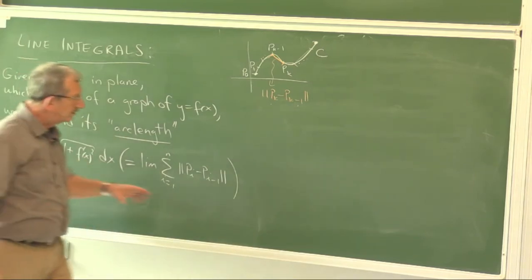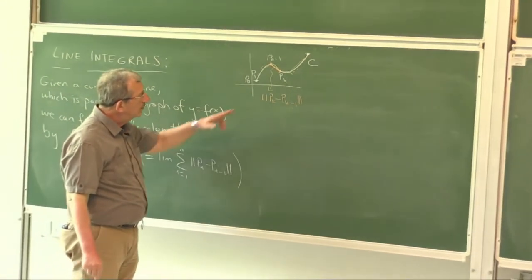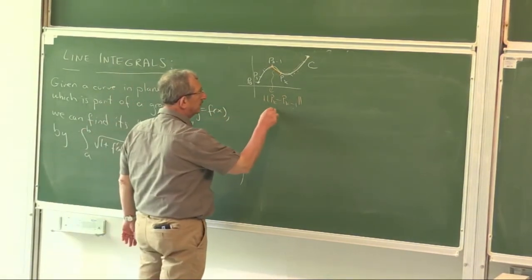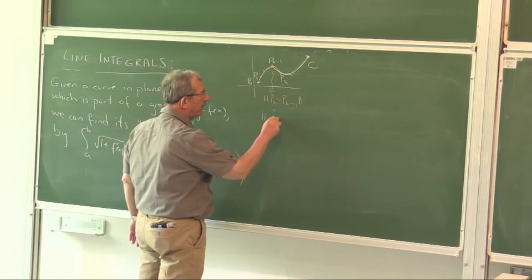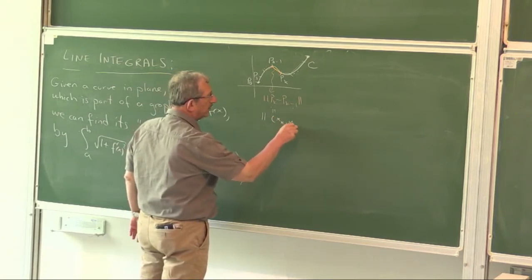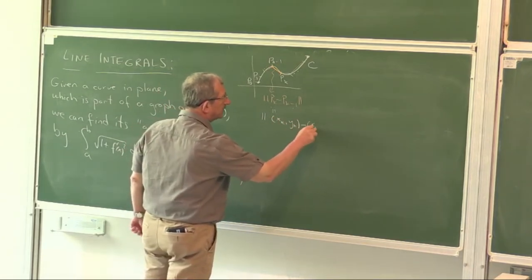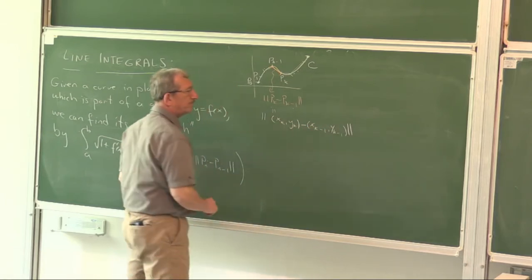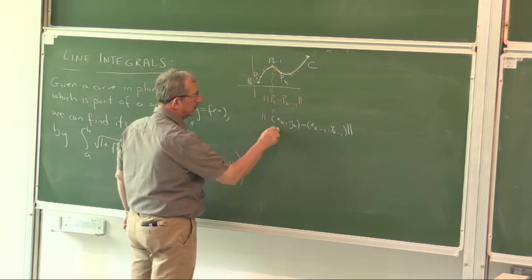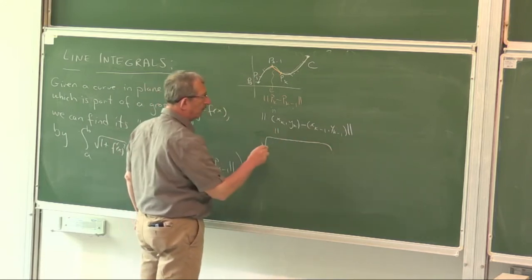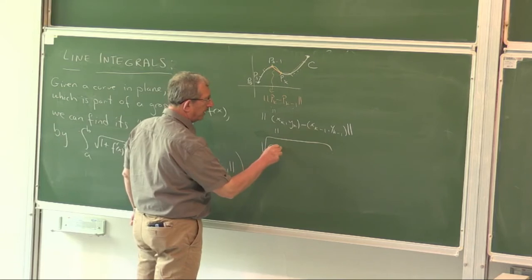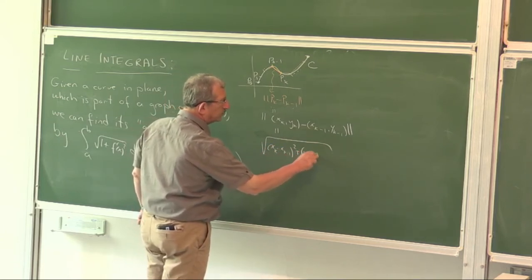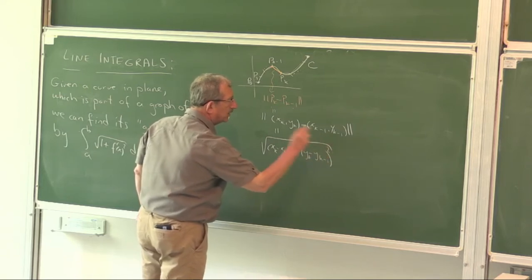Now, it is important to see what this is. Well, this is actually the length of (x_k, y_k) minus (x_{k-1}, y_{k-1}). So it is the square root of (x_k minus x_{k-1}) squared plus (y_k minus y_{k-1}) squared.